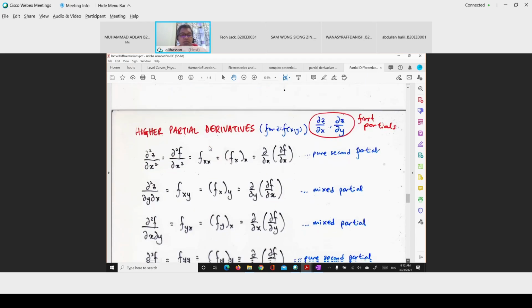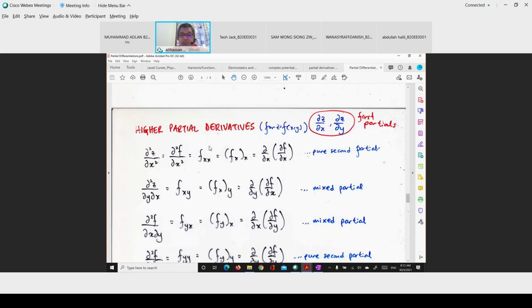Now let's look at higher partial derivatives. So far we have been looking at only first partials. If z is a function of x and y, then we have looked at z partial x and z partial y.